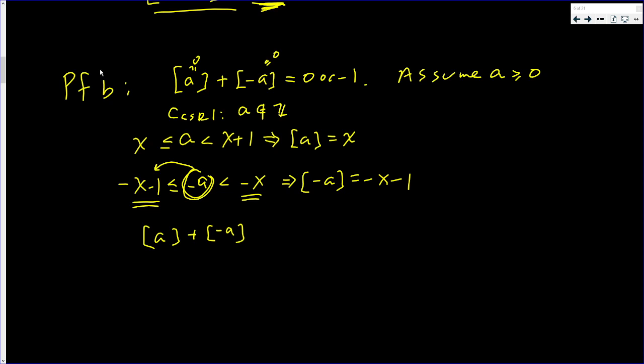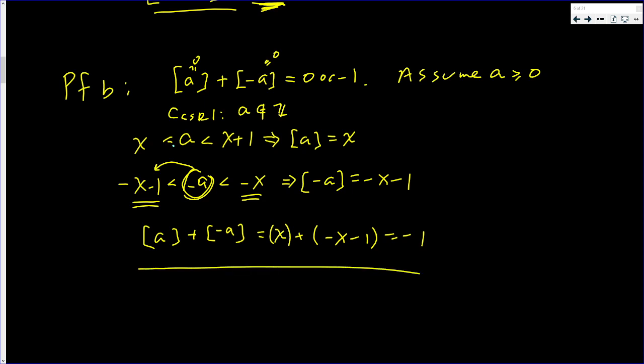So what I can do is remove those 2 equality signs. Well, the greatest integer of a is x, plus the greatest integer of negative a is that, and that equals -1. Okay? That's case 1.